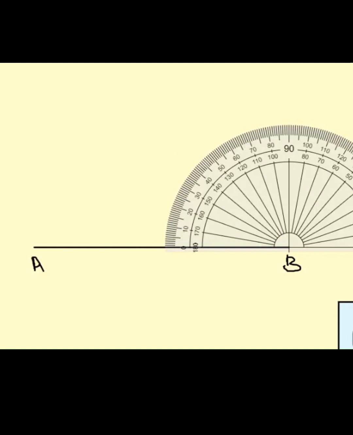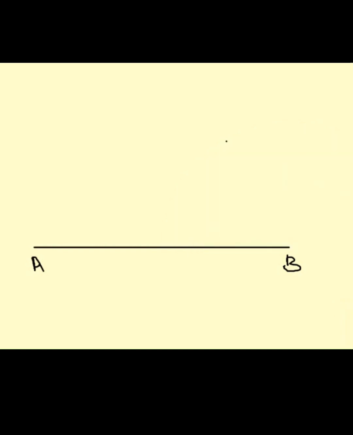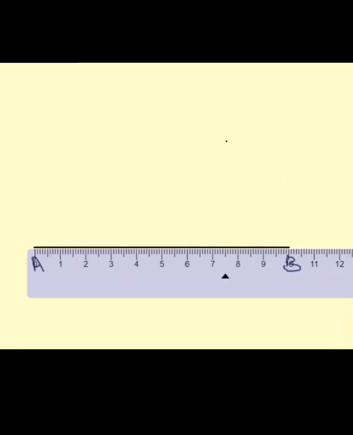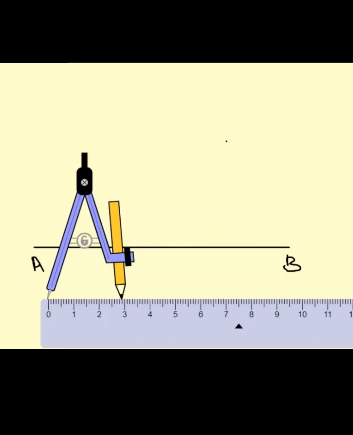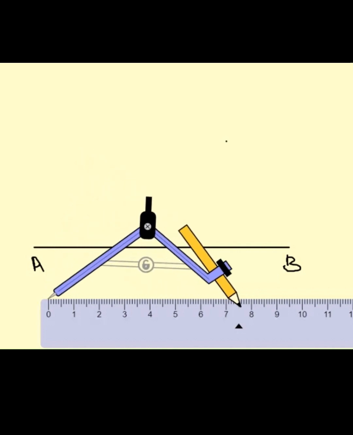So using the protractor, we place it at B, which is the center of angle ABC, and measure 60 degrees, which is just a dot there. Next, we are going to carry 8 centimeters.